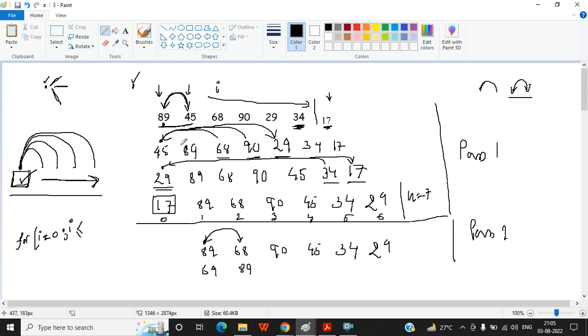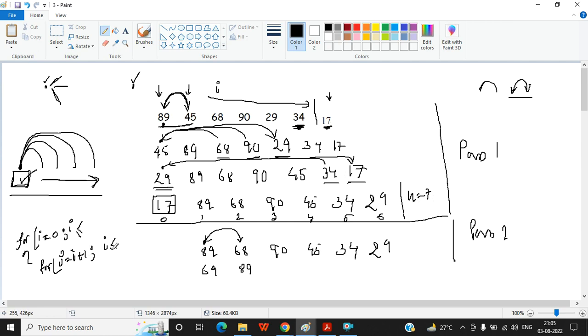And there will be another loop inside it, a loop for j, which will start from i plus 1. If you take this place, then your comparison starts from the next place. So j will start from i plus 1 and j will go up to this place, which means n minus 1.